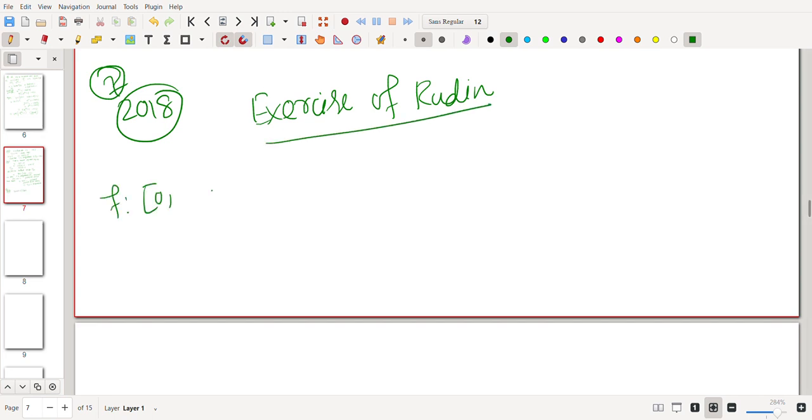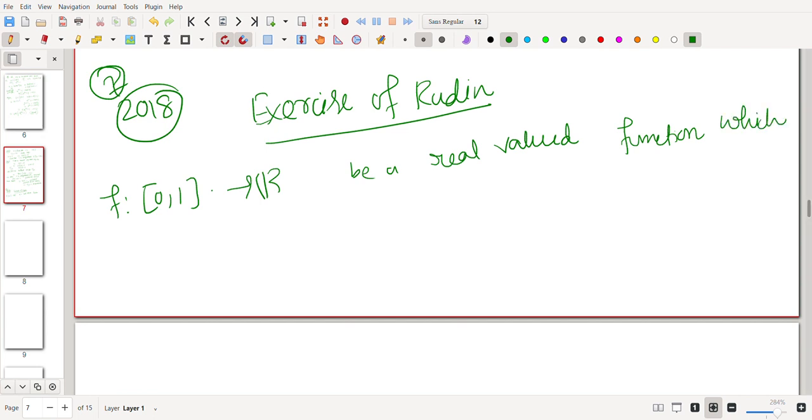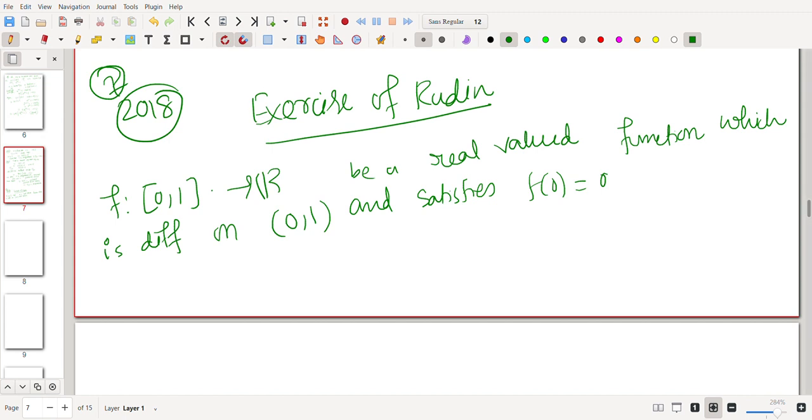Okay. It says that f from [0,1] to R be a real valued function which is differentiable on [0,1] and satisfies f(0) equals 0.